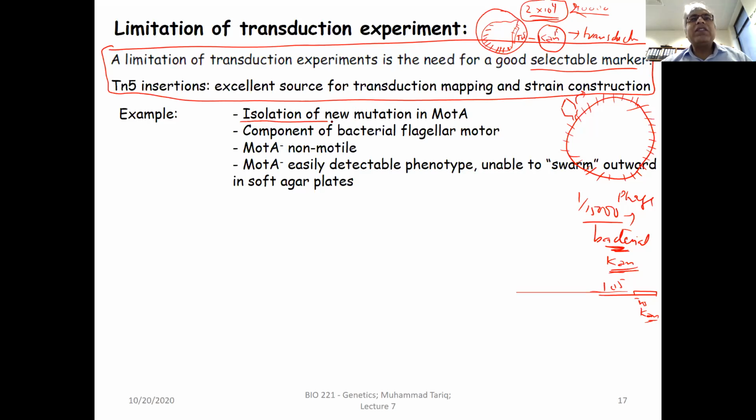Let's say we are interested in bacterial motility. Bacteria has a flagellum, and this whip-like structure goes like this and helps in motility of bacteria.